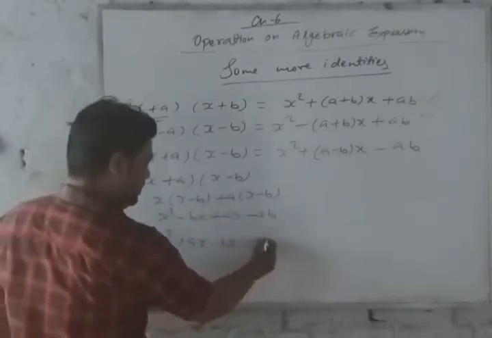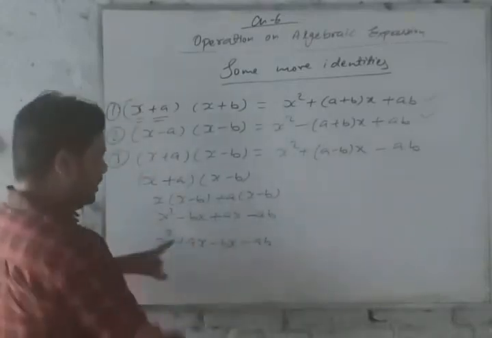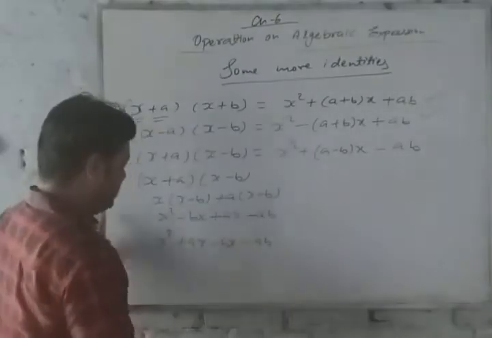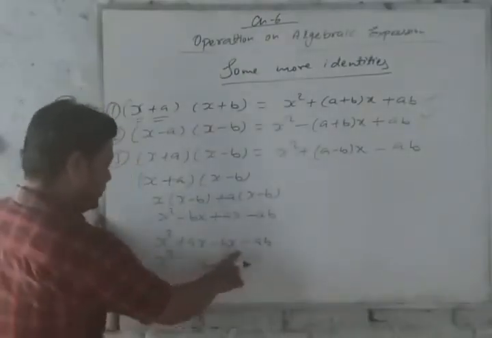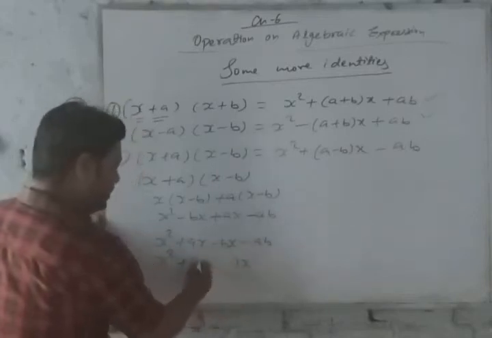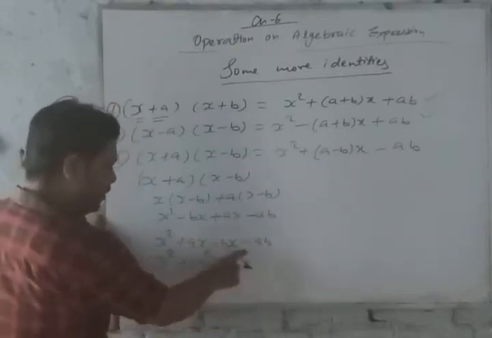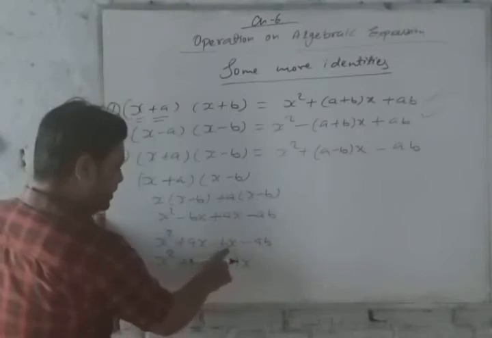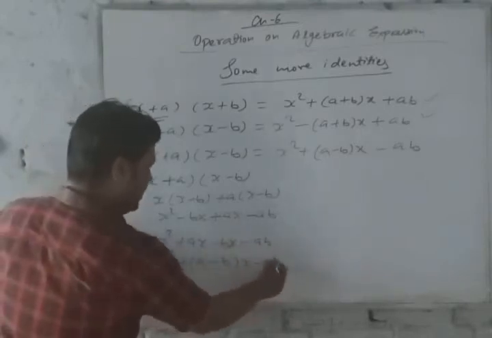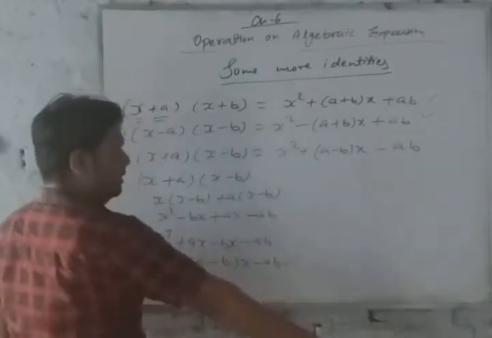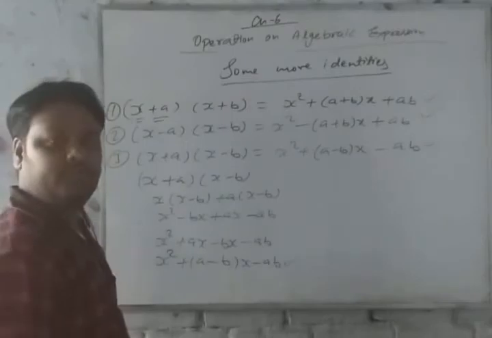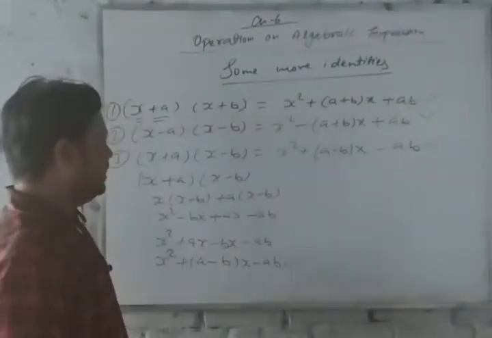Now x square, and what is common here? x only. Then in the bracket what is left? Here a, and from the other term b with minus, then minus ab. This one is correct. So this is the third identity.